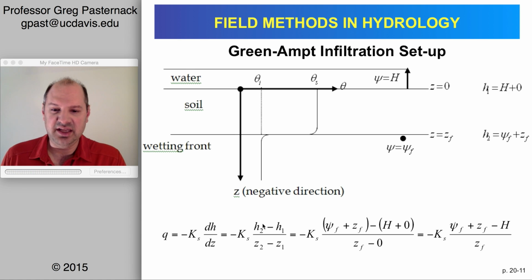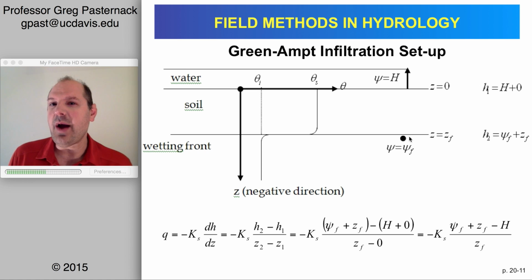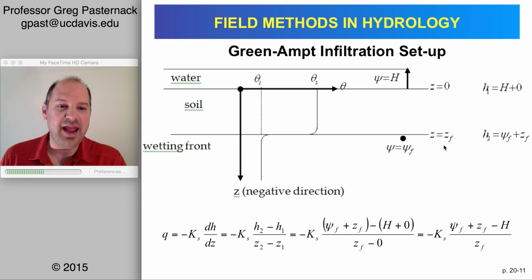DH is the head at location 2 versus the head at location 1, which is shown here. At location 1, it's the weight of water ponded above it. At location 2, it's the suction at the wetting front. That's the pressure that's being felt there. Plus the fact that we're now at a different elevation relative to the datum, which is a negative number, the position of the wetting front.